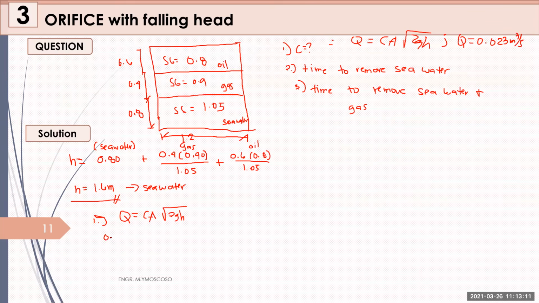So you will have 0.023 is equals to C times pi over 4, ano yung magiging area ng ating diameter given that diameter is 1.2. So you have 1.2 squared times square root of 2 times 9.81 times yung H na na-solve natin, which is 1.6. Therefore, the value of C is how much?